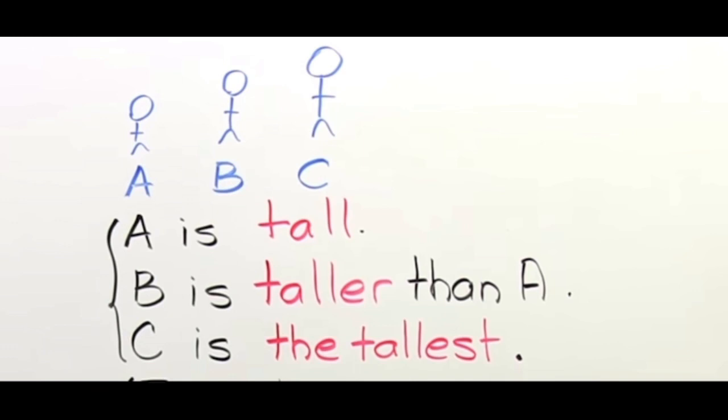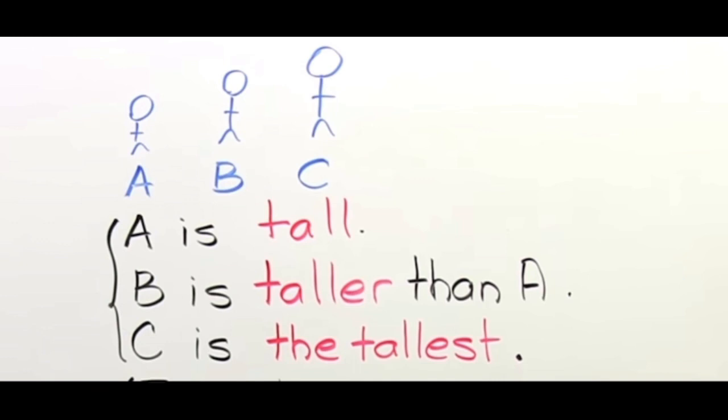Now, when I say A is tall, I just use an adjective, tall, our basic adjective. But when I say B is taller than A, I compare two things, so that is called the comparative adjective. It compares two things.